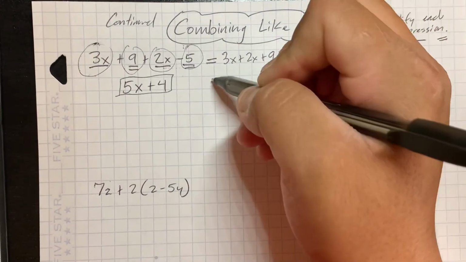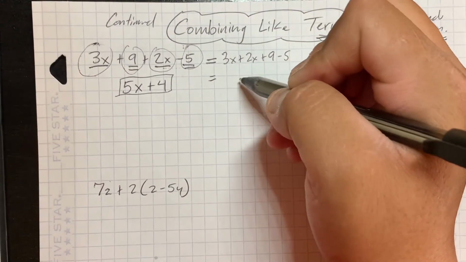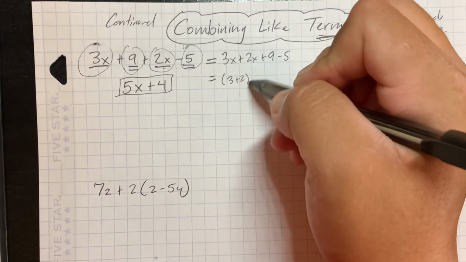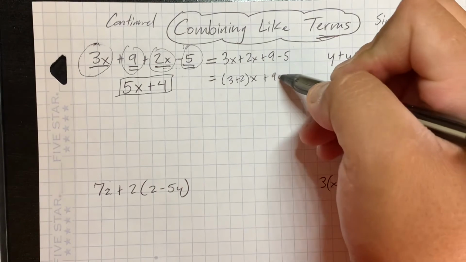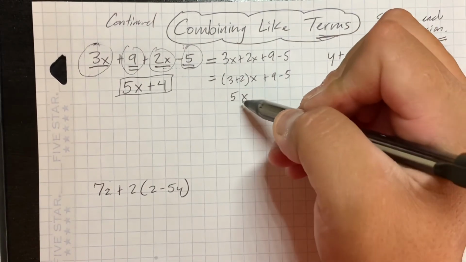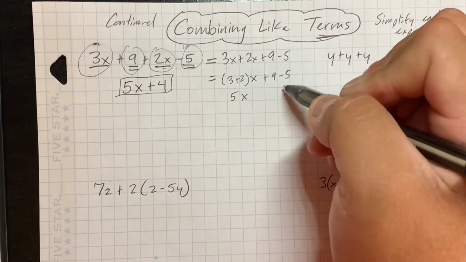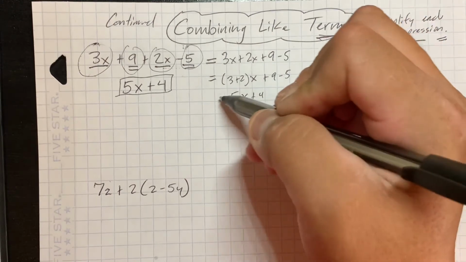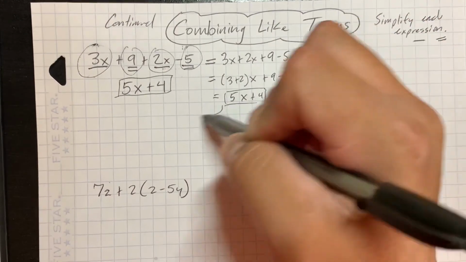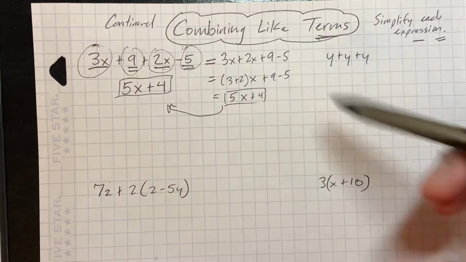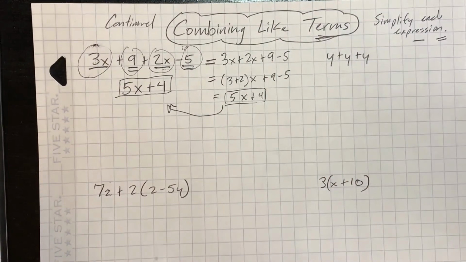So when we do this, since there's an x there, what we're really doing is 3 plus 2, which is 5, so this is 5x, and then 9 minus 5 is going to be a positive 4. So that's what we're really doing. So again, we used the commutative property of addition, we distributed, and then we also simplified. That's what we're really doing here, okay?